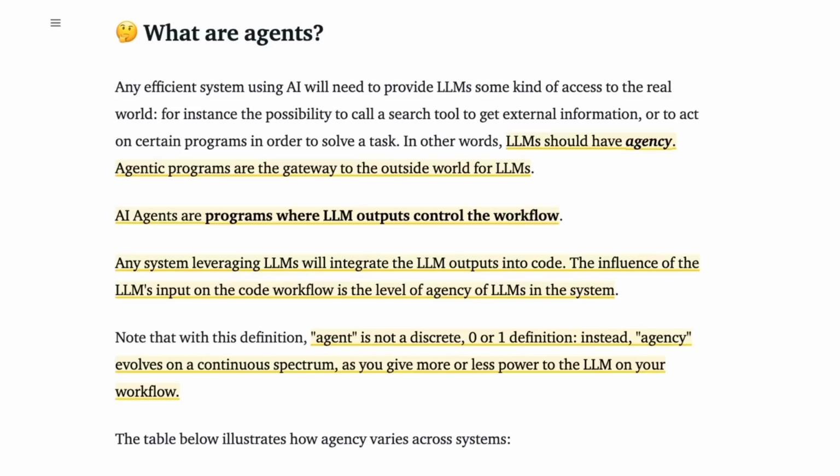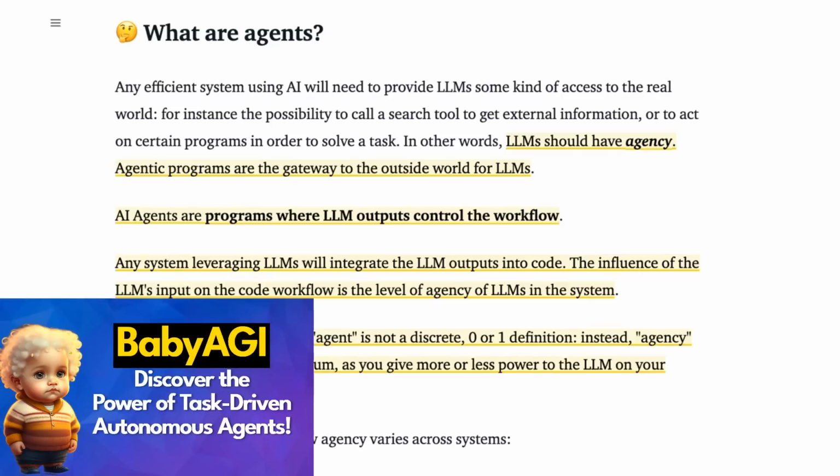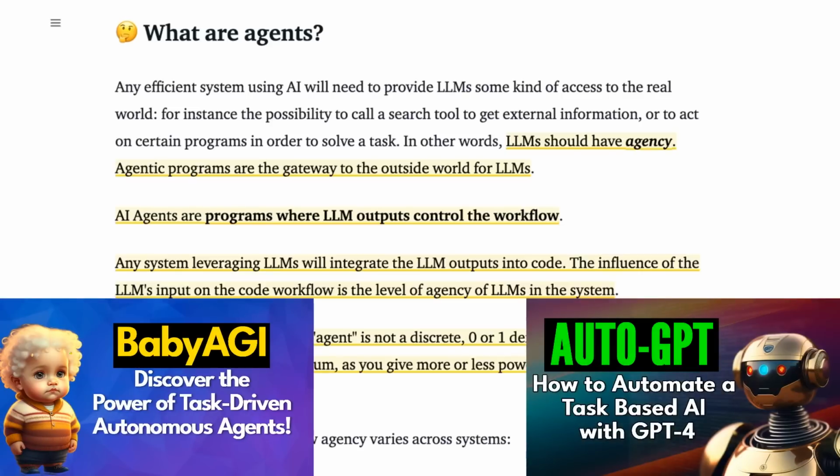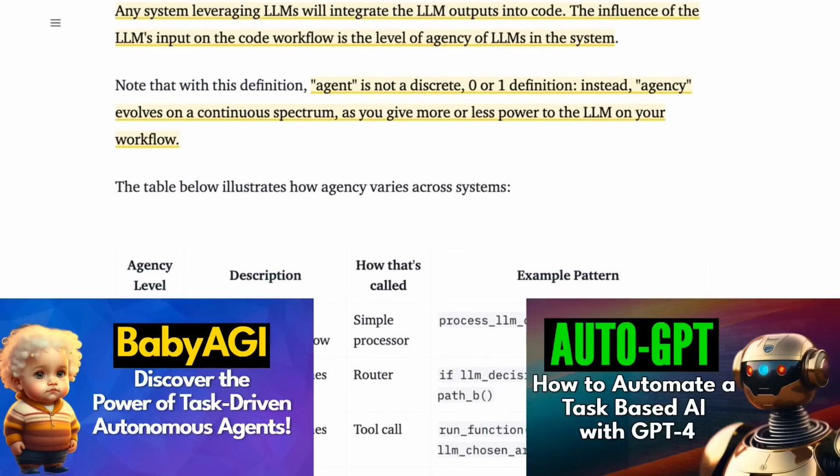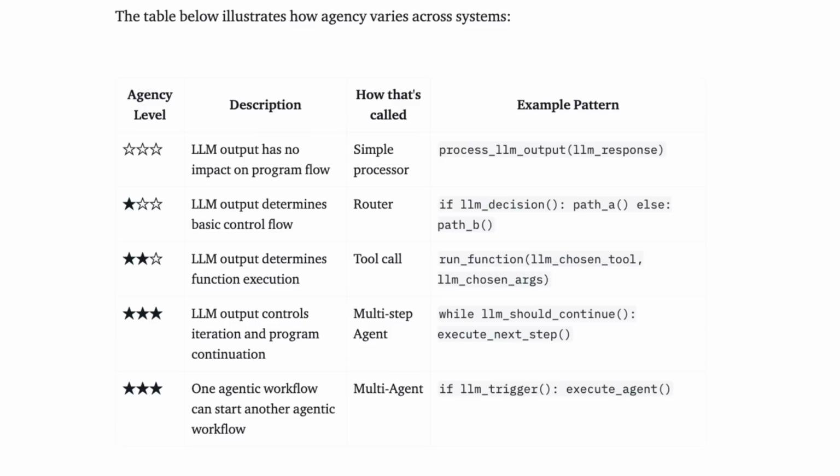So if we go right back to things like Baby AGI and AutoGPT, etc., the challenge with those was that they had too much agency in that they decided everything themselves. They often didn't have tools at the start. Even when they did have tools, they were just randomly almost going out there and taking actions.